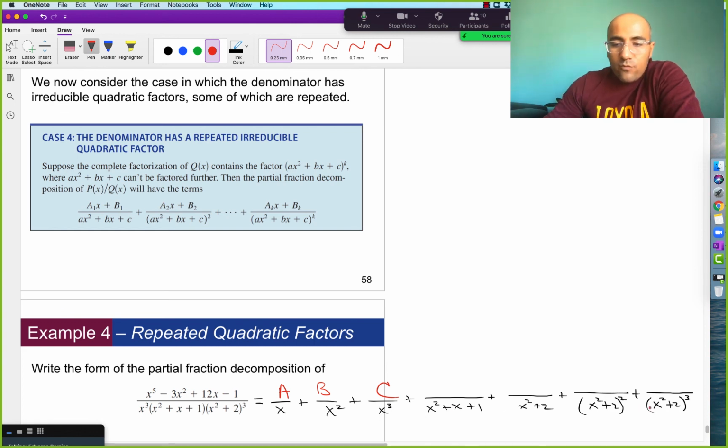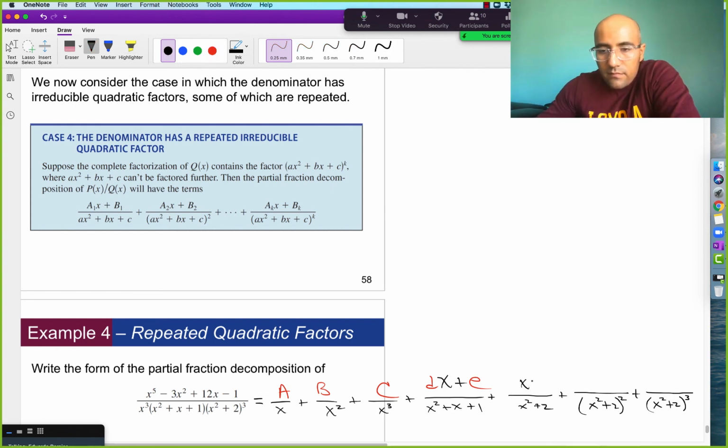And then all the ones that have quadratics are going to have a linear expression up here. So we'll have maybe something like Dx plus E, and then the others with C, D, E, F, G, H, I, J, K. Well, that's ugly.